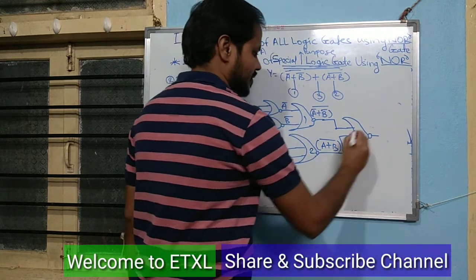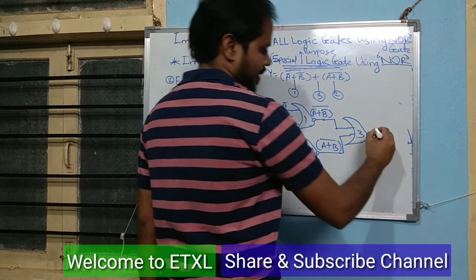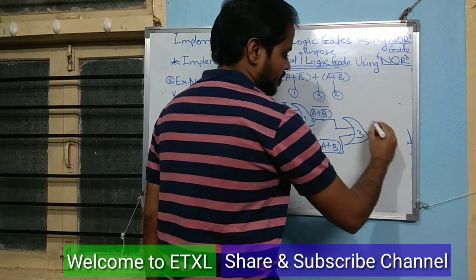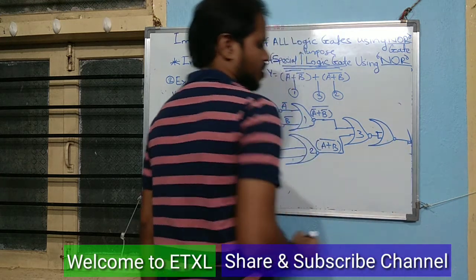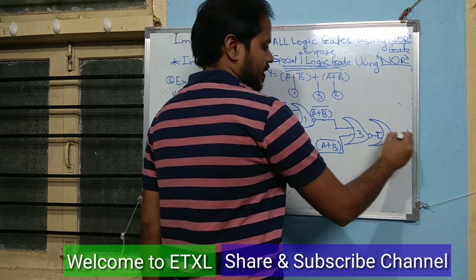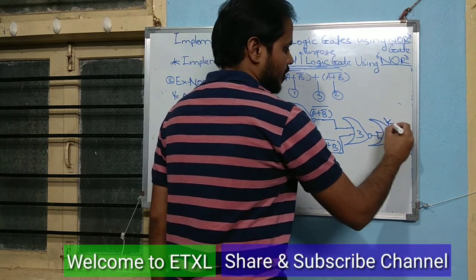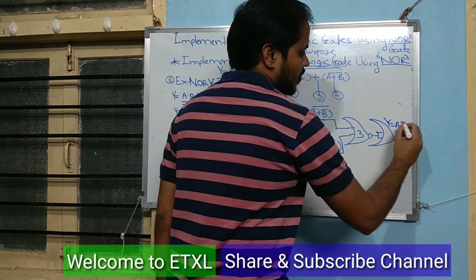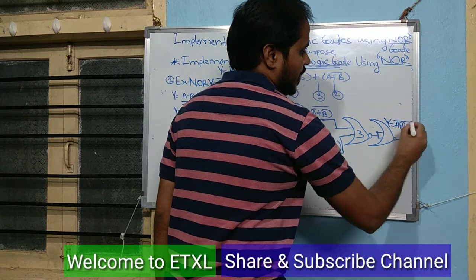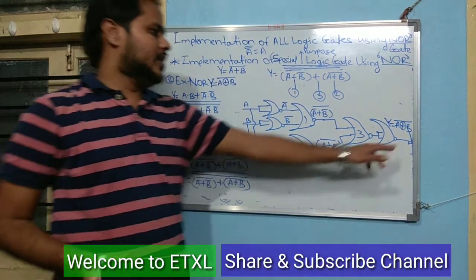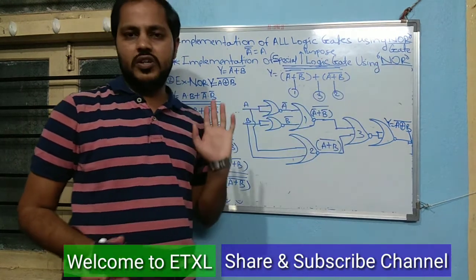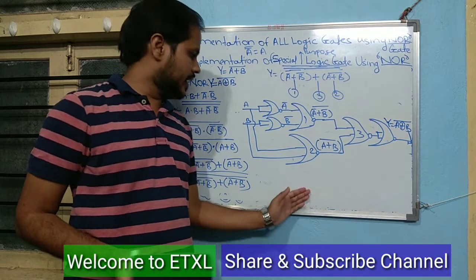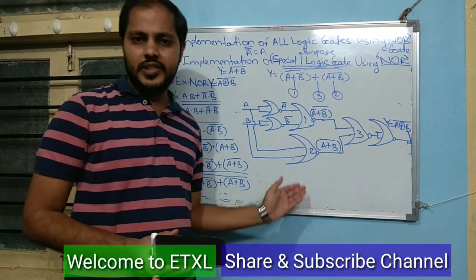Here is the third NOR gate, and make the short connections of these. Then here you are getting the output Y equal to A XOR B complement. This is the output of the XNOR logic gate by using NOR logic gates. This is the logical diagram we have designed here.